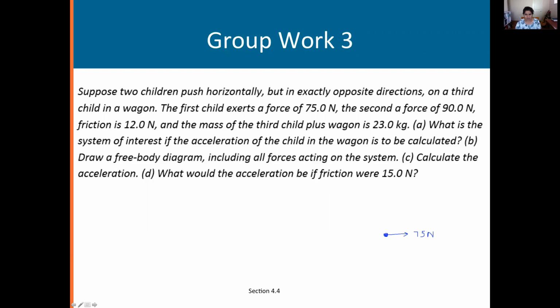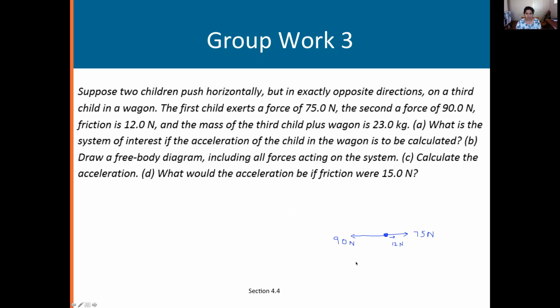And the second child exerts a force of 90 newtons. I'm going to draw that slightly longer because 90 is bigger than 75, and it's in the opposite direction. So we expect the cart to move in this direction, then my friction is going to be this way, and that frictional force is 12 newtons initially.